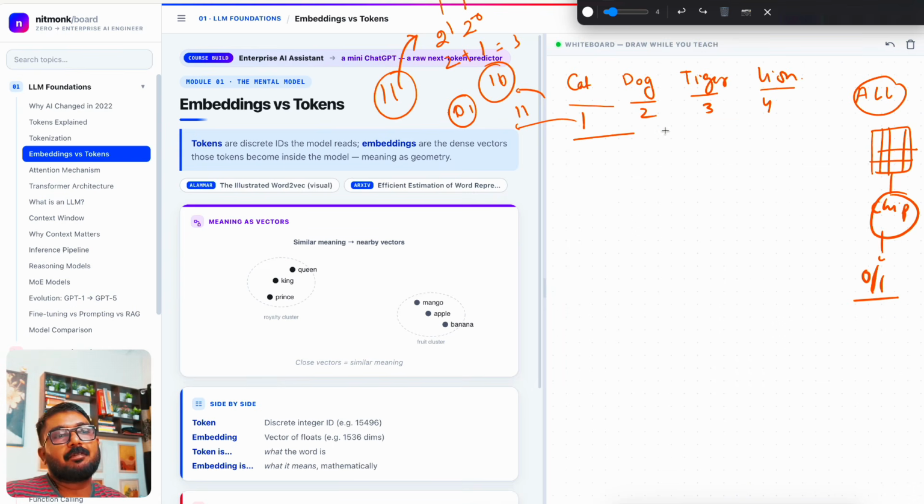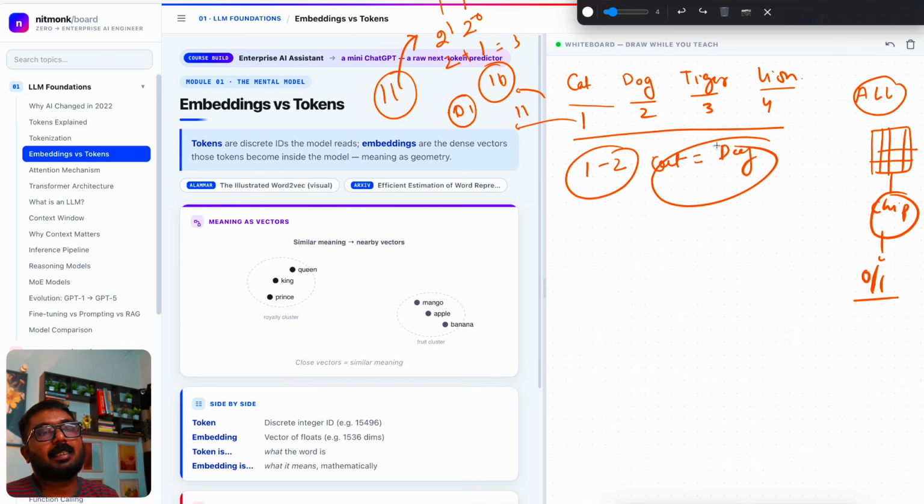Now if I ask the computer which comes closer, which is kind of similar, it will definitely say one is closer to two, so cat is similar to dog. But that is very ambiguous. You don't have any facts, features, or figures to show that one is close to two. You have to do some kind of feature extraction and represent it properly.